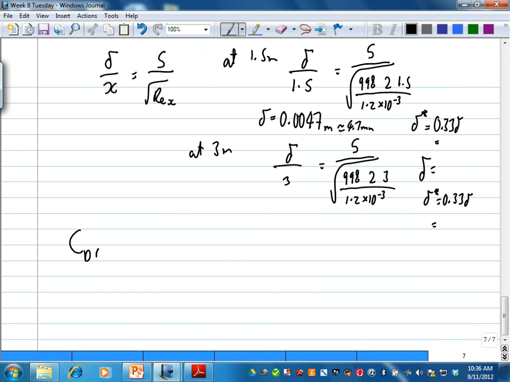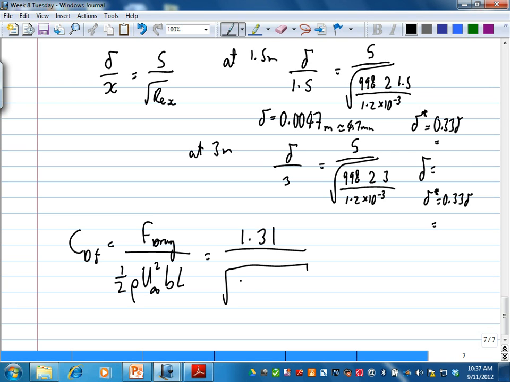C_DF, which is equal to F_drag over half rho V infinity squared times B times L, is equal to 1.31 over the square root of Re_x, the square root of 998, the same one there, 2, 3 over 1.2 times 10 to the minus 3.